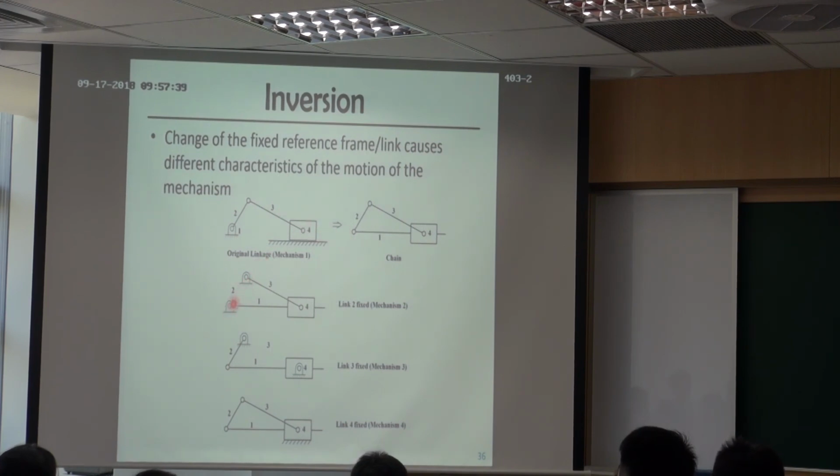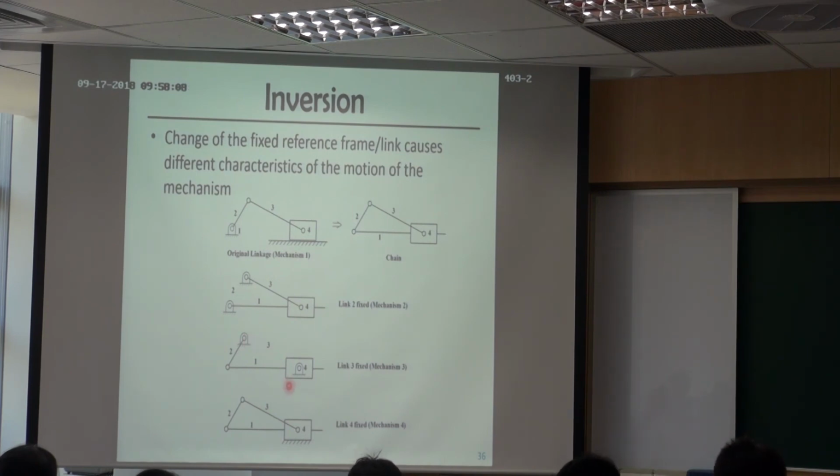And for the second case, we fix link 2. And you can use either bar 1 or bar 3 as the input. Let's say I use bar 1 as the input and bar 3 as the output, then bar 1 and bar 3 will both rotate, but they will rotate in different ways.